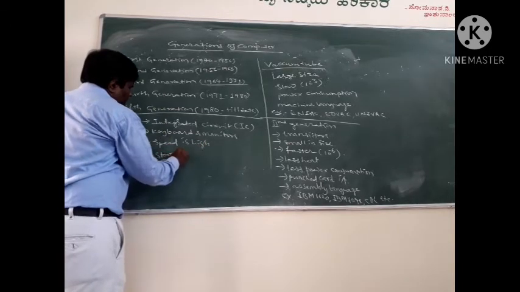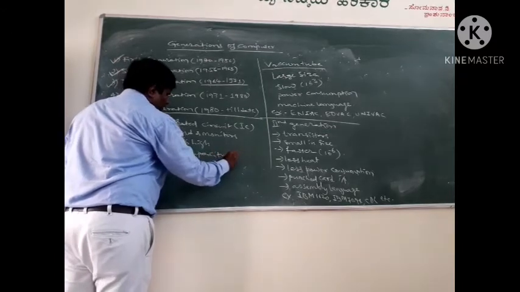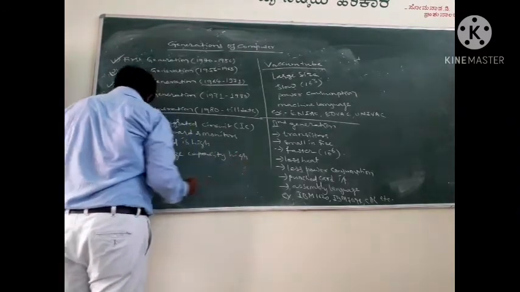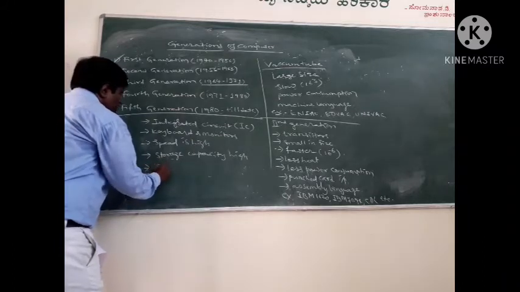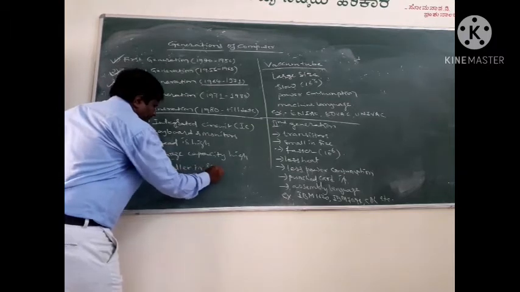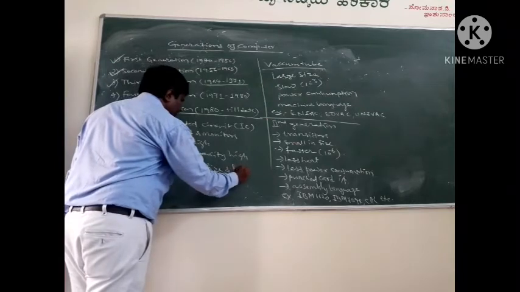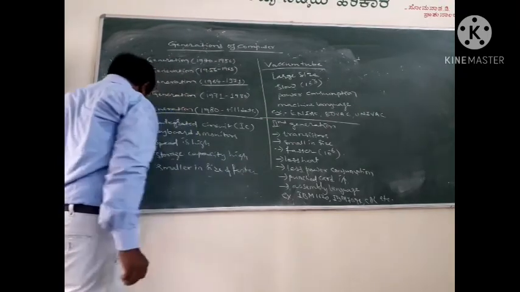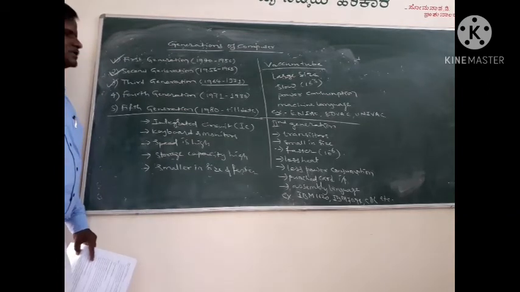Storage capacity is also high. Smaller in size and faster. So these are some of the important points related to the third generation computer.